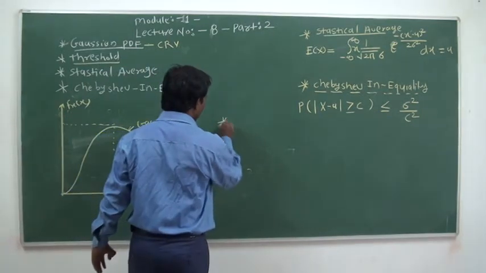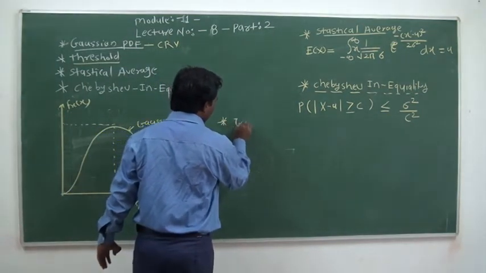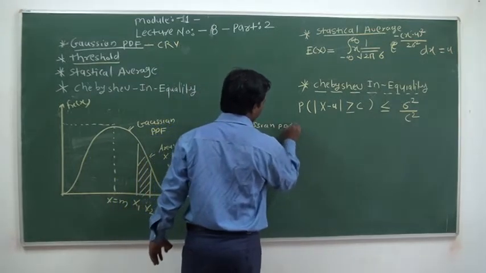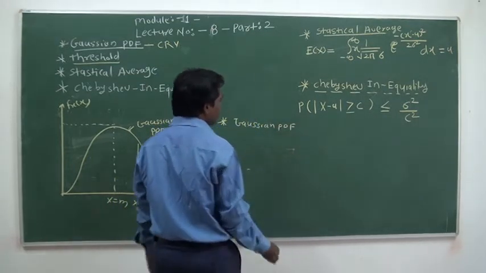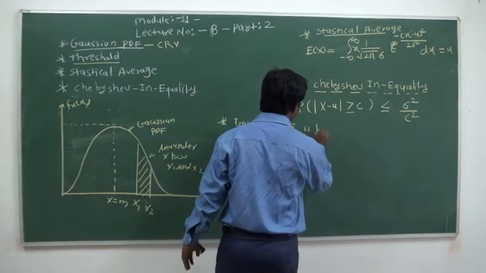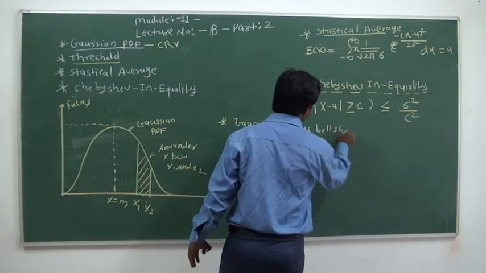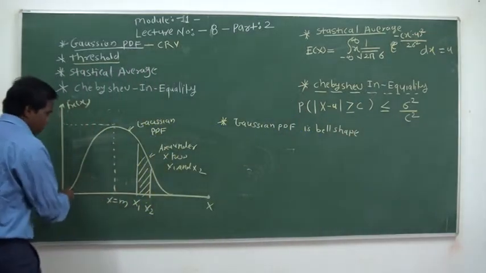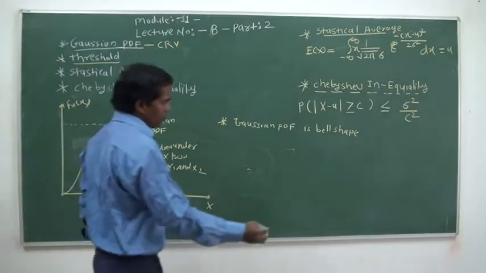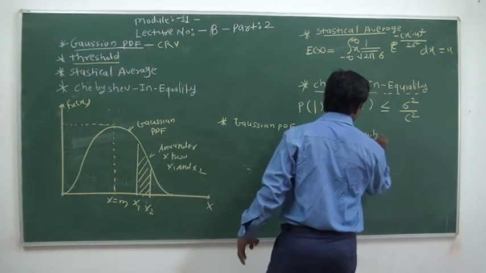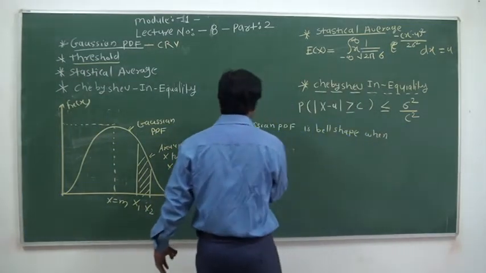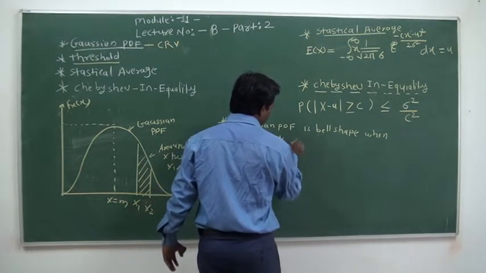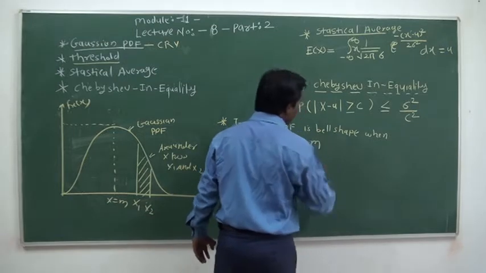The first property: the Gaussian probability density function is a bell shape. If you see, this is a bell shape, where at the peak the maximum value of the random variable is equal to the mean.